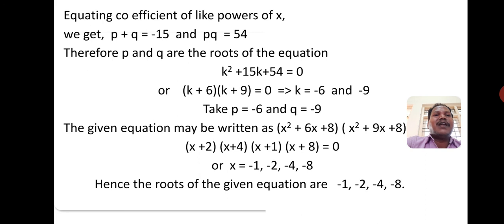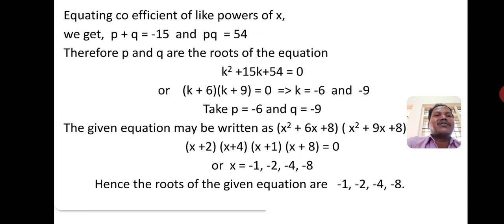Equating coefficients of like powers of x, we get p plus q equals minus 15 and their product equals 54. Therefore, p and q are the roots of the equation k square plus 15k plus 54 equals 0.